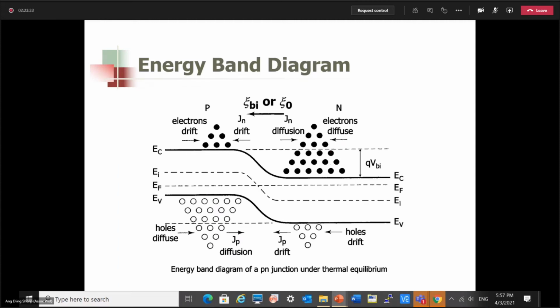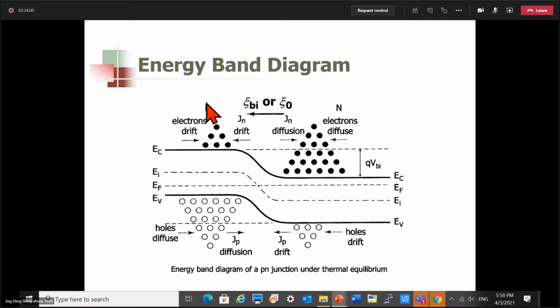Now, at this point, I just want to point out certain things that will help you understand better. Obviously, by joining up the line like this, and because in the p-type, the EC is further away from EF, and in the N-type, the EC is closer to EF, and based on the fact that the two EFs must align, then the two EC cannot be at the same level like this.